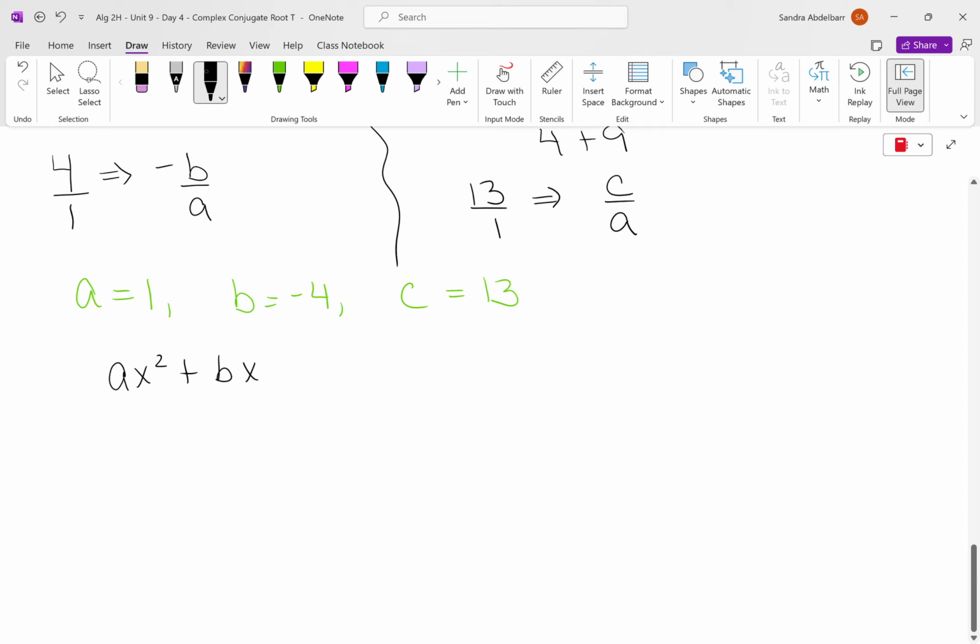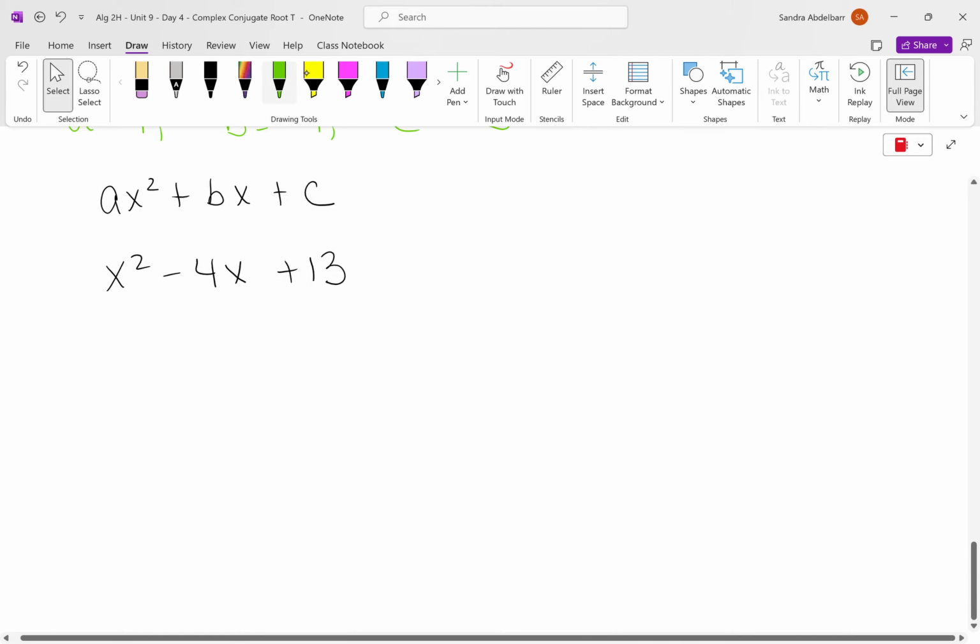Okay, so now we have ax squared plus bx plus c. So we have x squared minus 4x plus 13. So this is our other factor. This is the factor that gave me the roots of 2 plus or minus 3i.